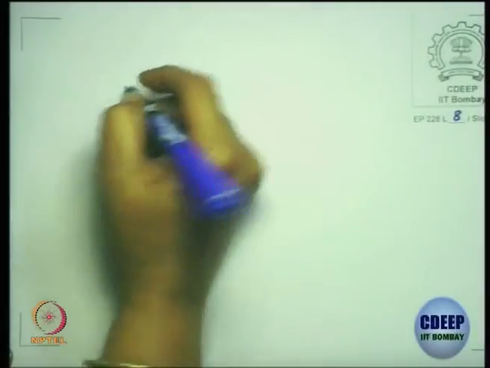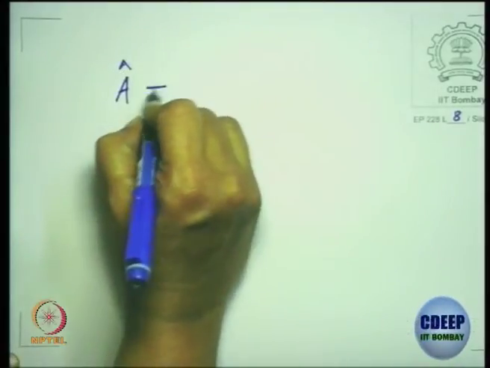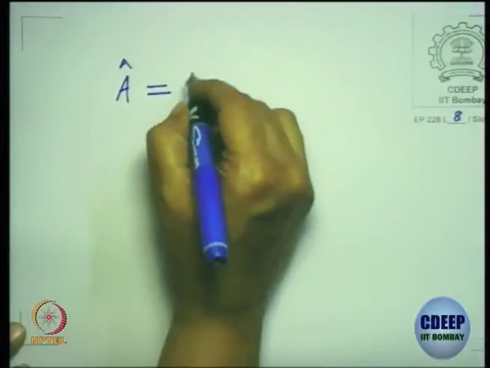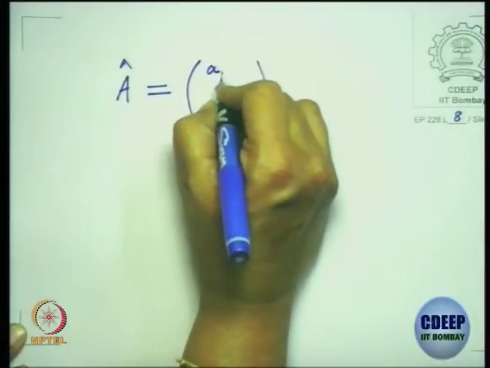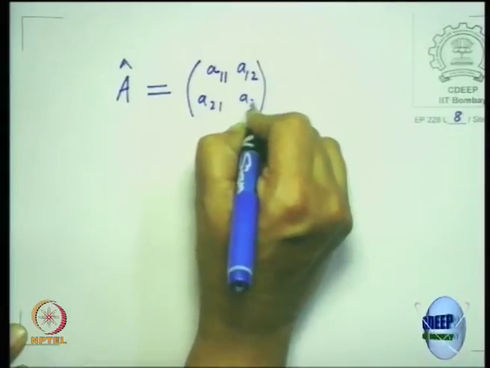So, let me write that. If you take some operator A, you can write a representation for this in this 2-dimensional vector space as A11, A12, A21, A22.